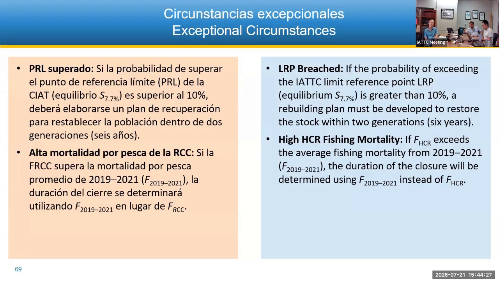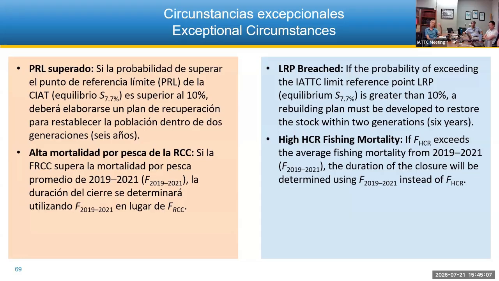The next one is more of a safeguard. We know that the population didn't collapse, and these are all for bigeye tuna, so they could be somehow applied to the other stocks if we wanted to as well, but these ones were mainly developed for bigeye. But this one's more of a safeguard because we know that the stock didn't collapse with the high fishing mortality rates in 2019 and 2021, but we don't know what would happen to the stock if the fishing mortality exceeds that.